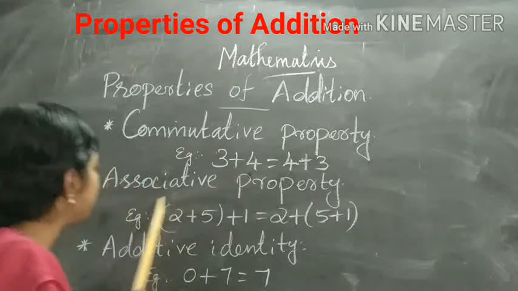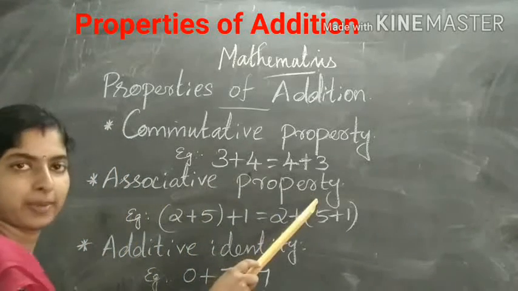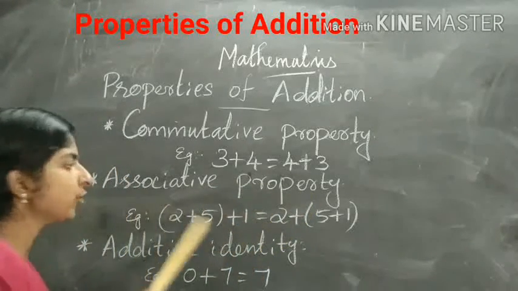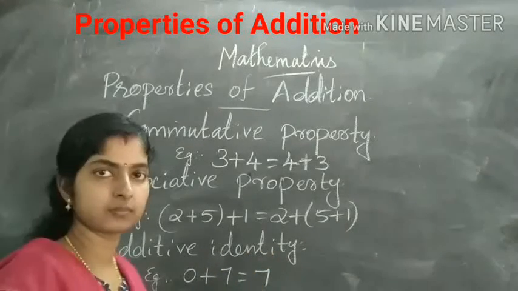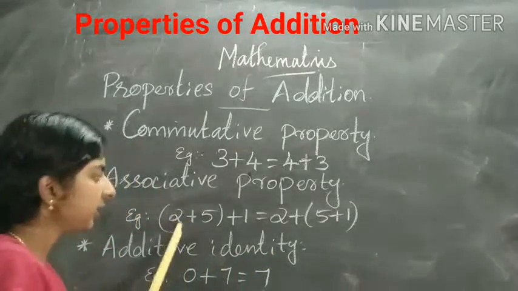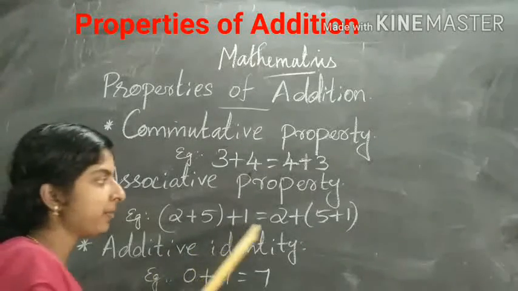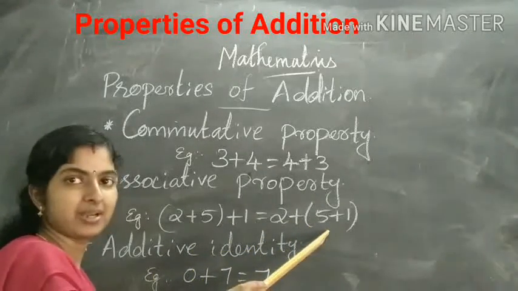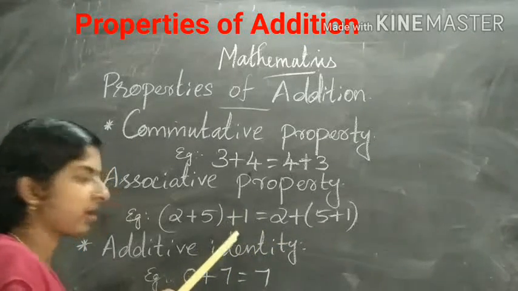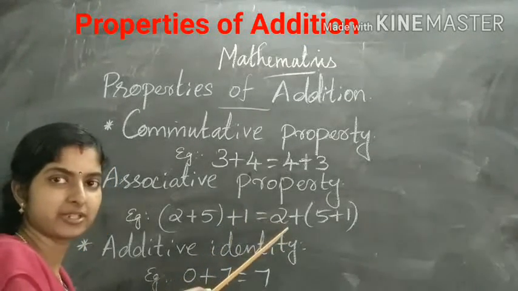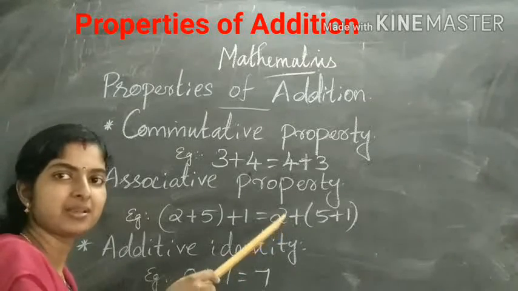Okay. Next one is associative property. In associative property, regrouping of numbers does not change the sum.